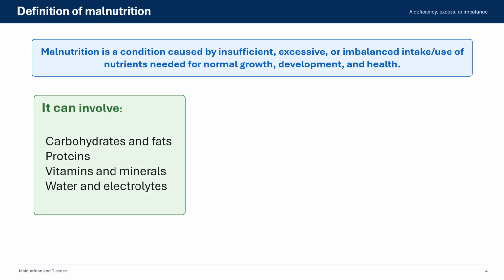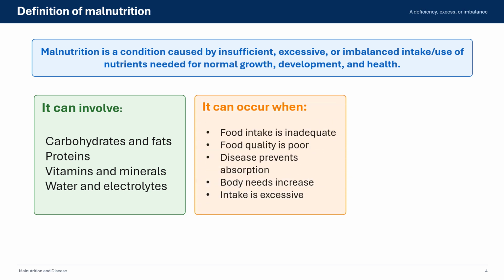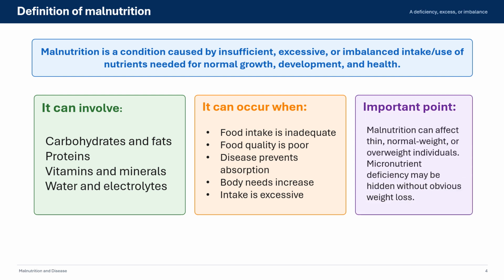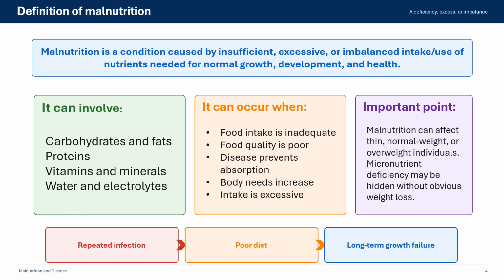These nutrients include carbohydrates, fats, proteins, vitamins, minerals, water, and electrolytes. When there is inadequate intake of these nutrients, malnutrition may occur, or when the food quality itself is poor, or when there is a disease that prevents absorption of the nutrients.